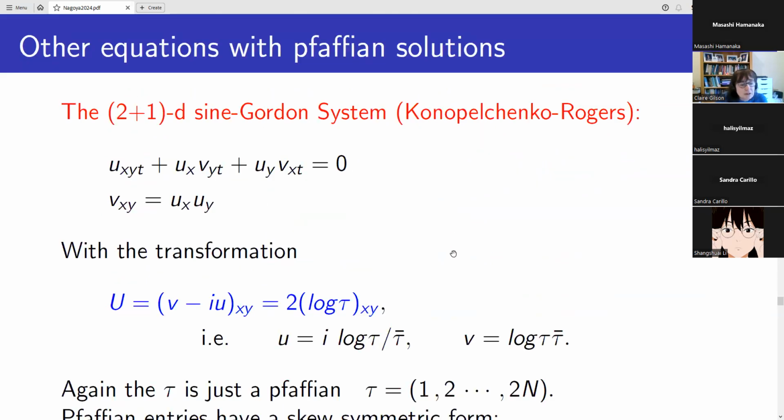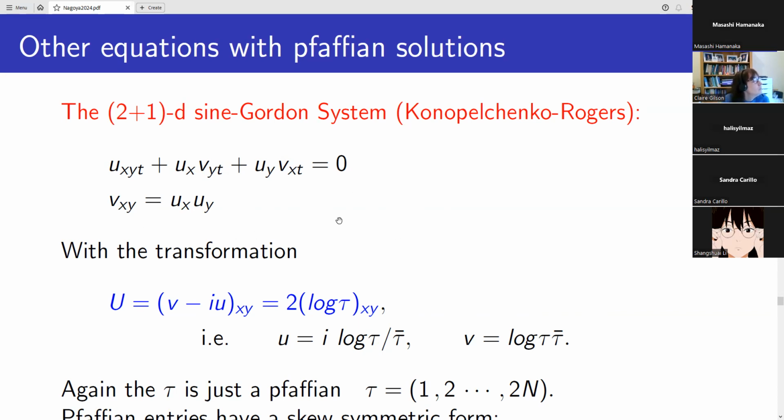Okay, I want to quickly look at a couple of other systems, systems that have not been looked at by so many people. So the 2+1 Sine-Gordon system, or the Konopelchenko-Rogers system, is a Pfaffian equation.